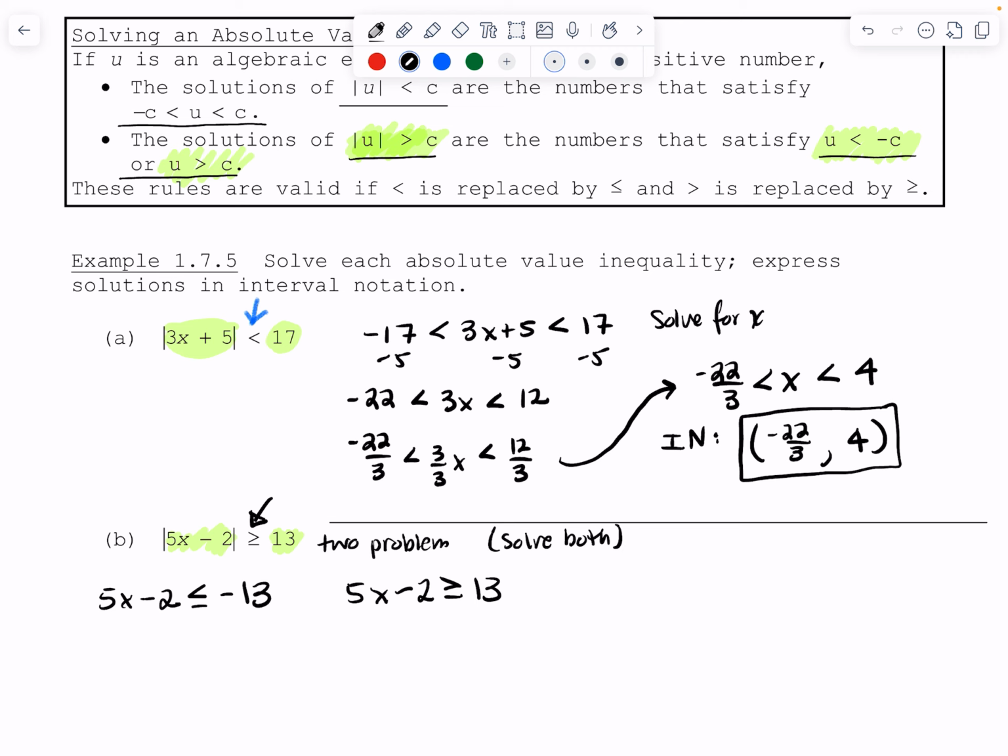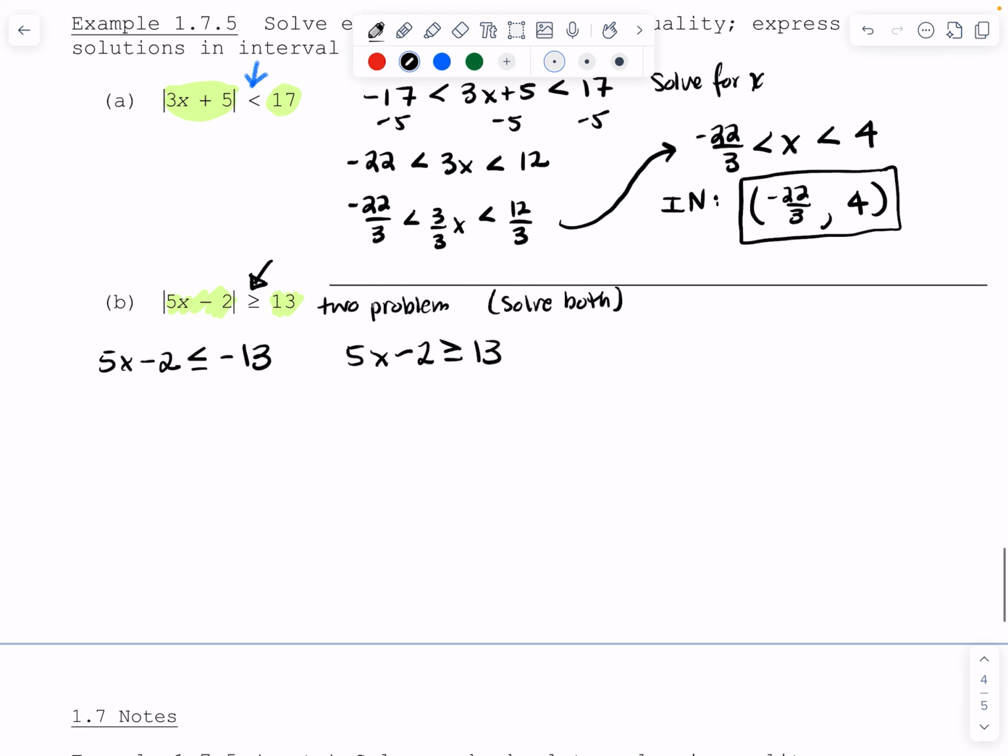Let me solve both. I'm going to call this number 1, number 2. So I'm going to add 2 to both sides. So 5x is less than or equal to negative 11. Now I'm going to solve for x. So I'm going to divide both sides by 5.